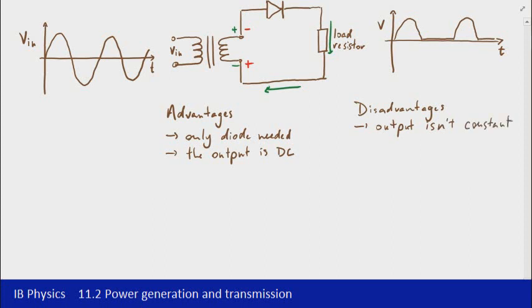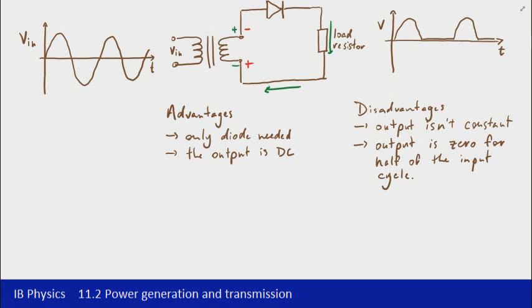And sort of tied into that, we have this issue that the output is 0 for half of the input cycle. So that means that some of the input energy that we have in the input is going to be wasted because it's not being used in the output. Now there is a way to improve that.